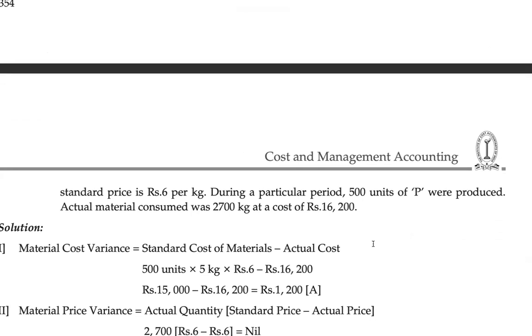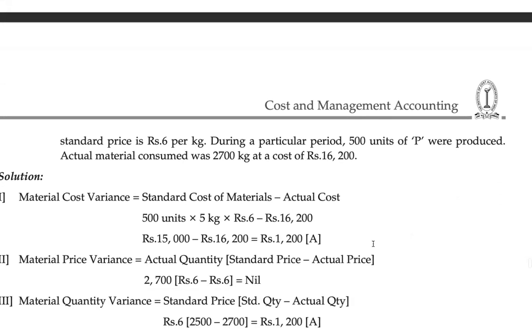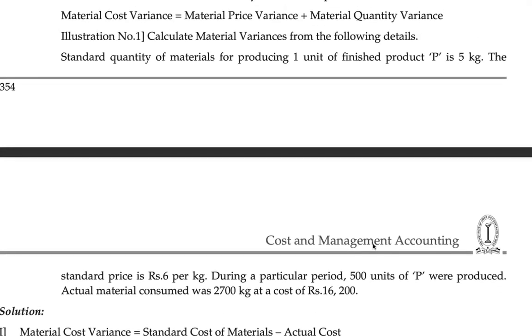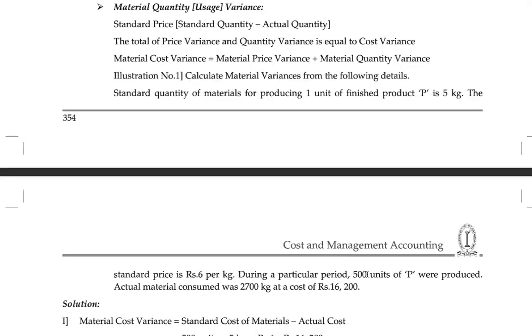Material mix variance is a little advanced, but you can simply understand material price variance and material usage variance put together constitute material cost variance. Now look at a problem, then we understand it.